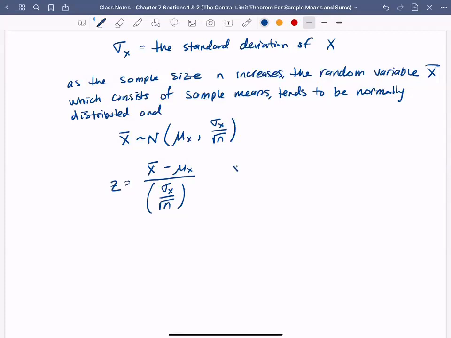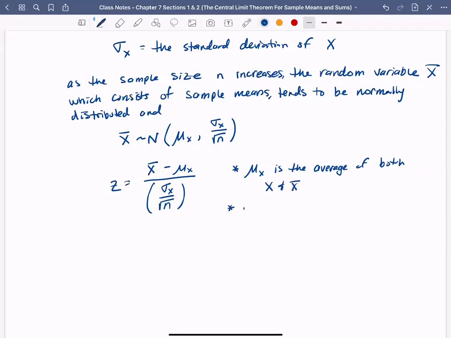There's a couple things to add to this to know. Your mu sub x is the average of both x and x bar.